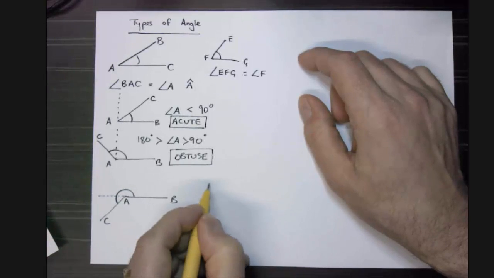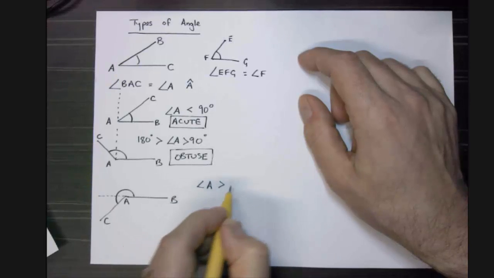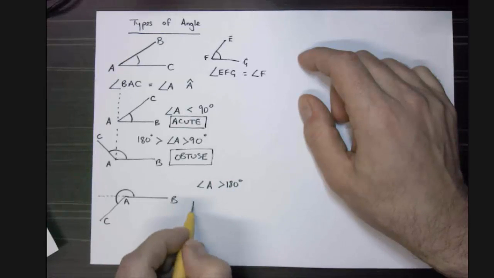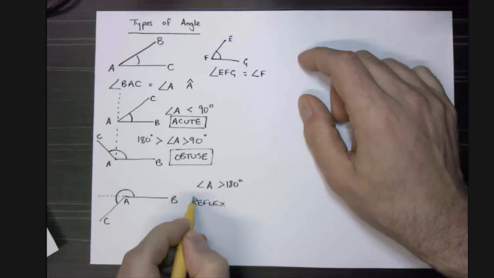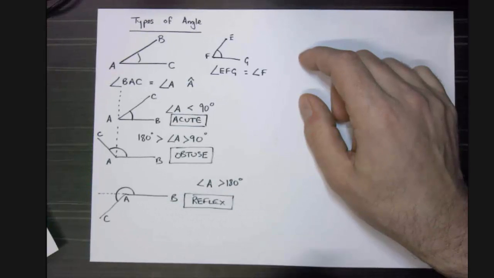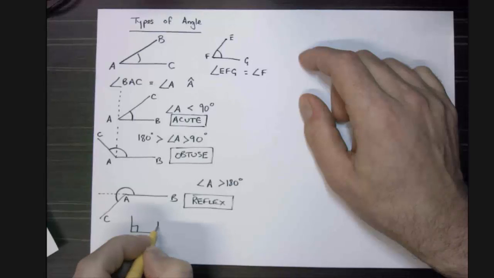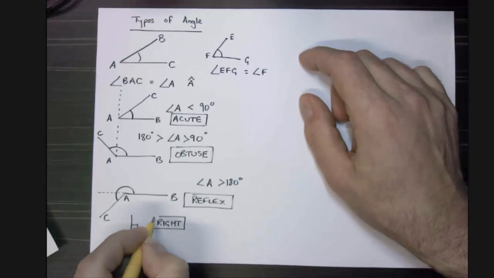This is an angle that is bigger than 180 degrees, and that is called a reflex angle. Now we also know the name for a right angle. We already know that, so I'll just very quickly write that in here. That's another one, right angle. That's called a right angle.